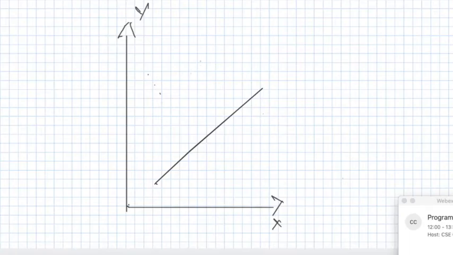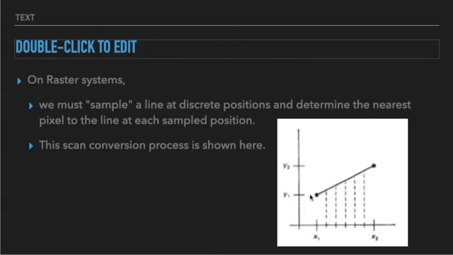This scan conversion process is illustrated in this picture. We sample a line at discrete positions like this, and determine the corresponding other coordinates using the equations we have seen.